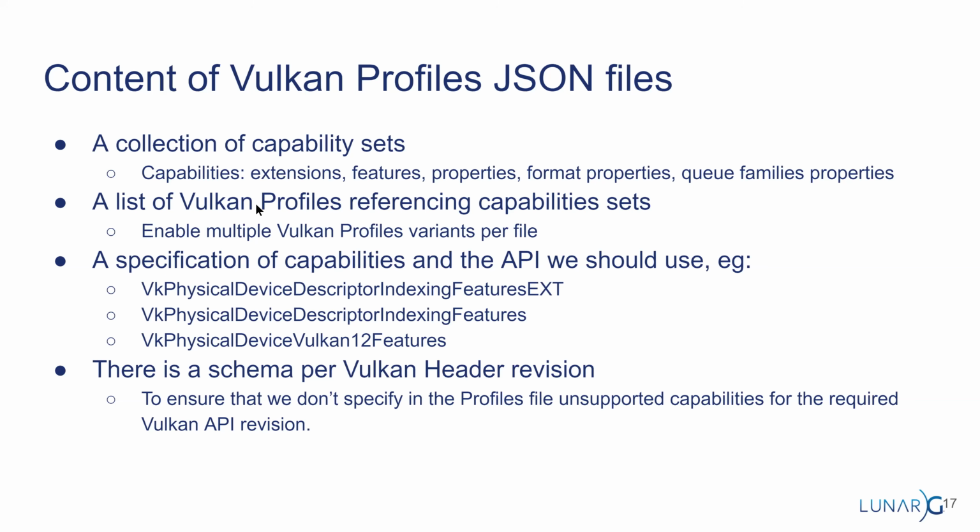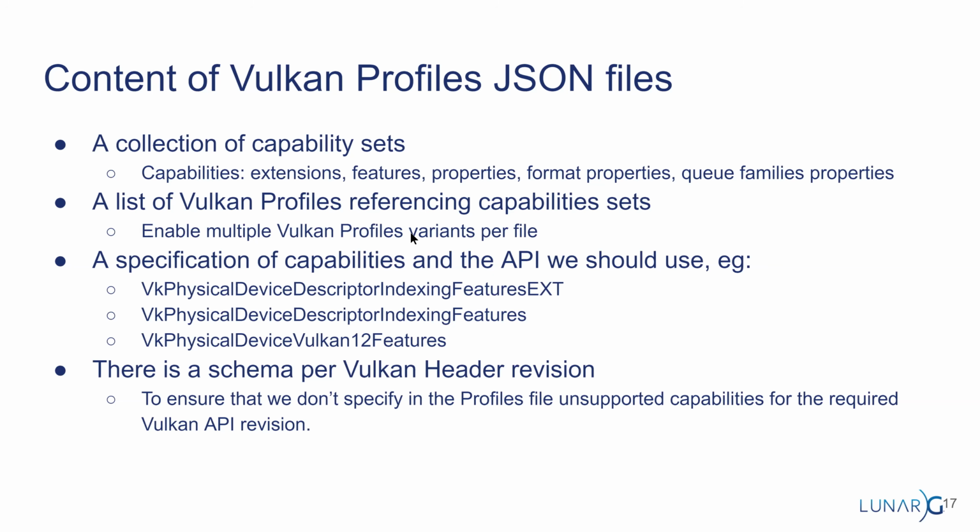The Vulkan profiles in the JSON file reference capability sets, but they don't have to reference all the capability sets. So what we can do is to express multiple variants of one profile inside of a profile file, or actually we could even express profiles that have nothing to do with each other in the same file. I'm not sure if it's a good idea, but we could.